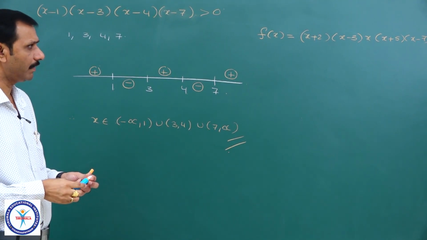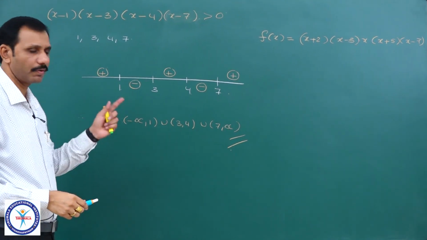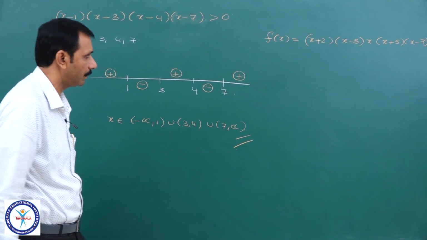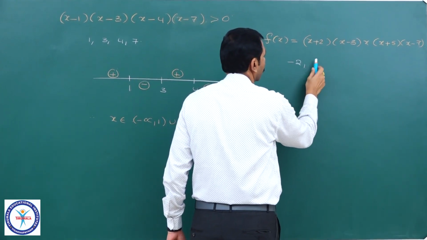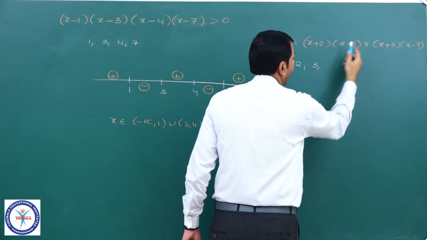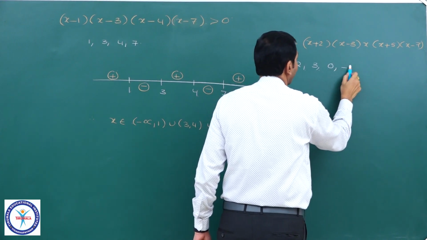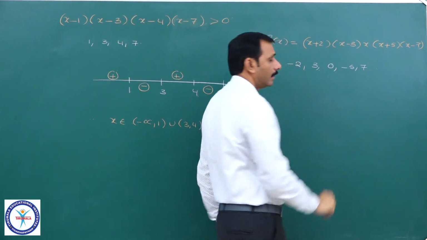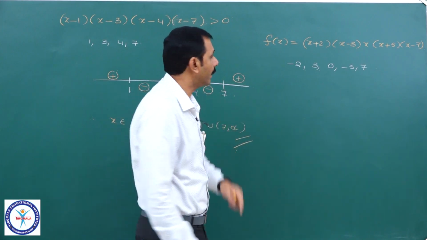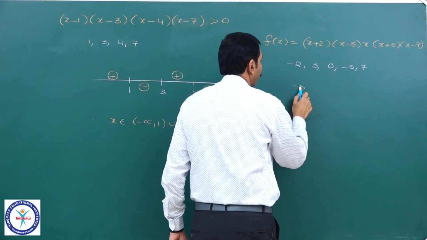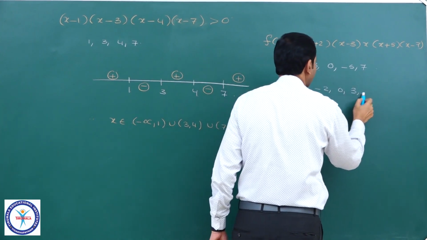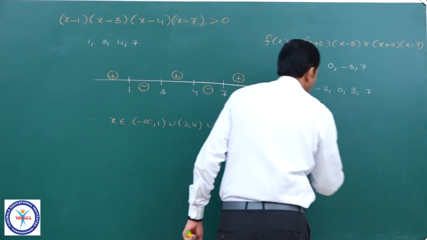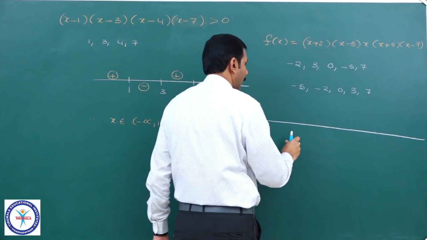Right, now we will see what is the sign of this one, where it is positive, where it is negative and where it is equal to 0. Observe this, what are the zeros? Minus 2, 3, for this 0, minus 5 and 7. Write in ascending order: minus 5 is the least, next minus 2, 0, 3, 7, and take the real line and mark all these on the real line.